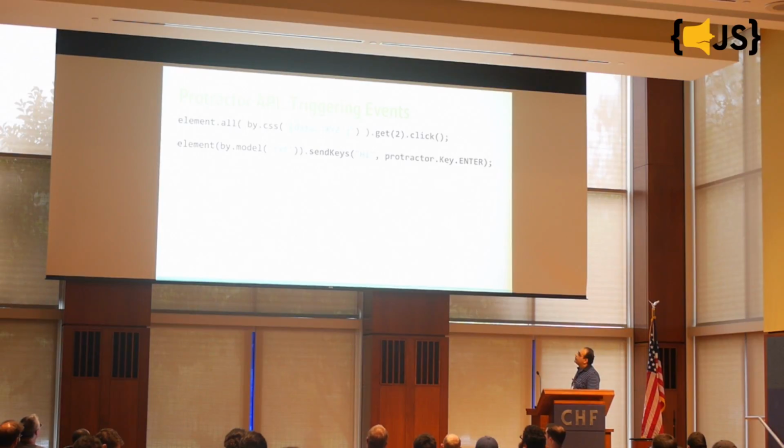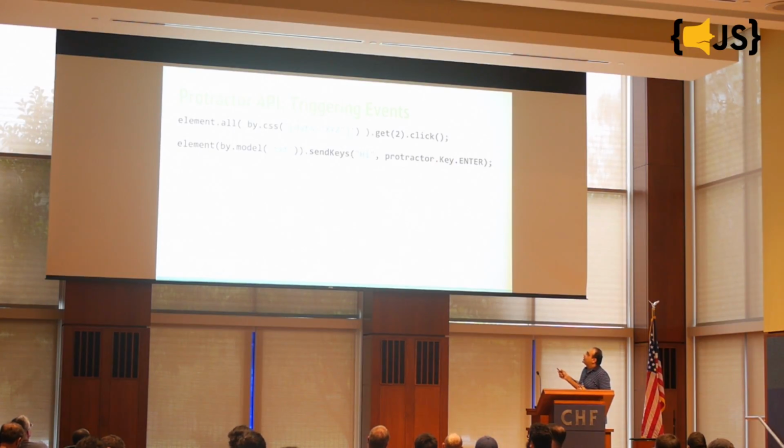Similarly, you can simulate the keyboard entry or mouse clicks on specific elements by first using a selector and then using either the element.all or element function to trigger events on specific elements in your page or the entire set of elements that match that filter.